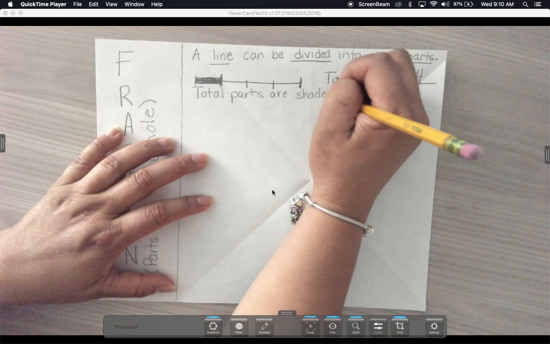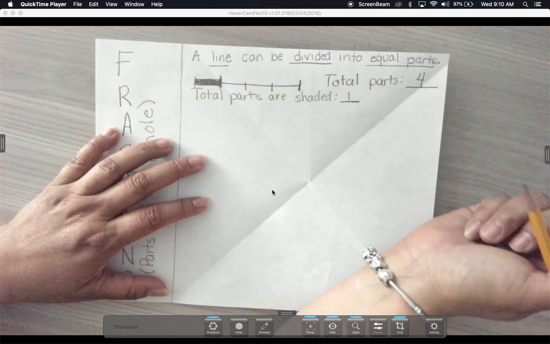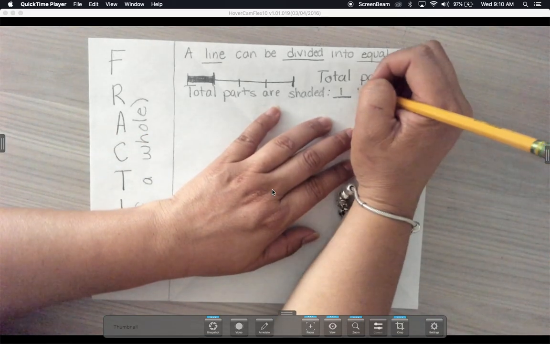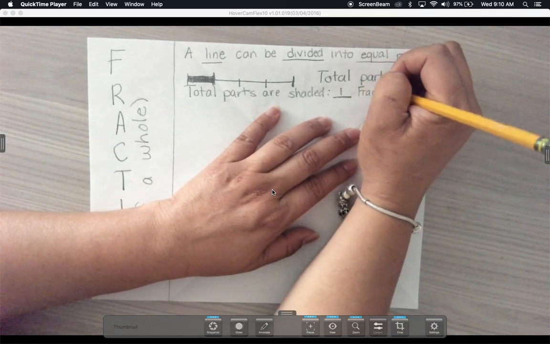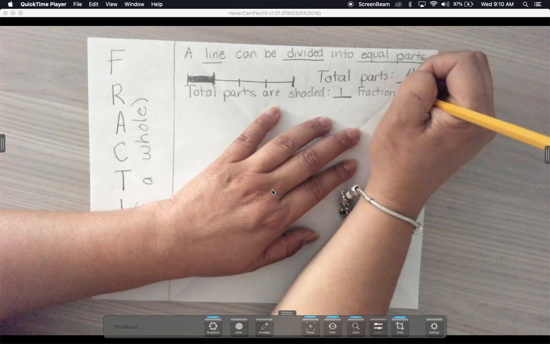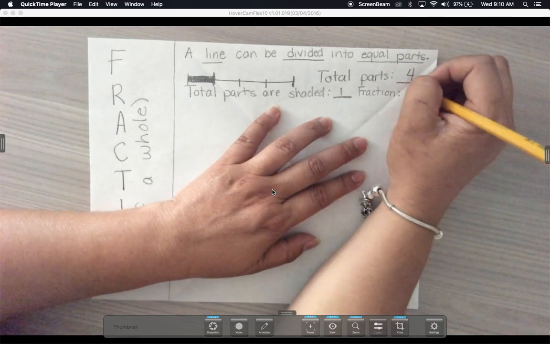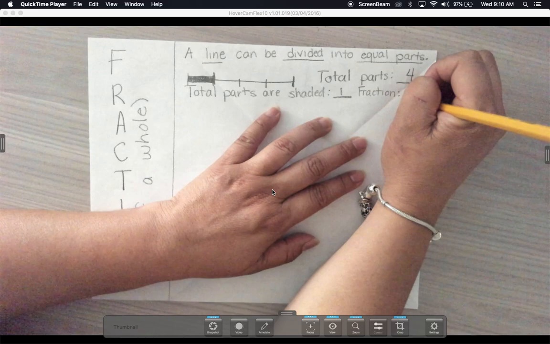I have one part that is shaded. So my fraction would be what? 1 out of 4. Very good.